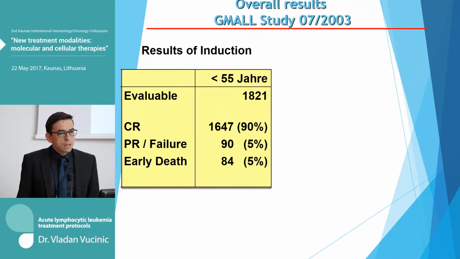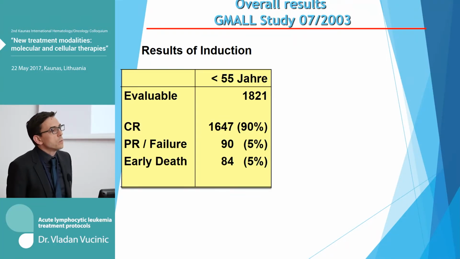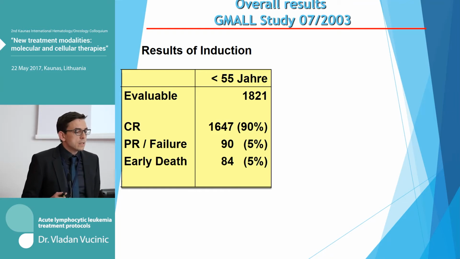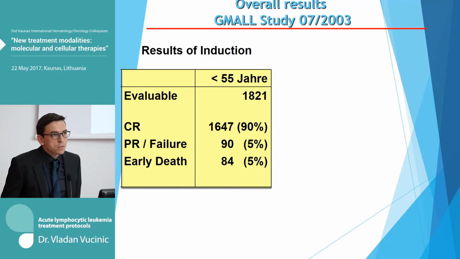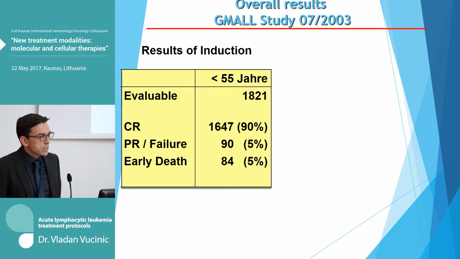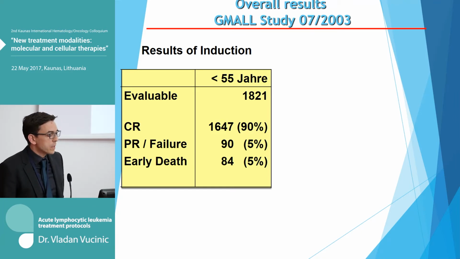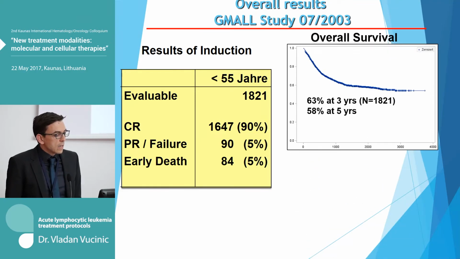So in Germany, until a few years ago, we had a study called 07/2003, and the results of these studies were published and presented at very many congresses. In the last study, 07/2003, which was running until 2011-2012, there were 1,800 evaluable patients, and the data are quite good.